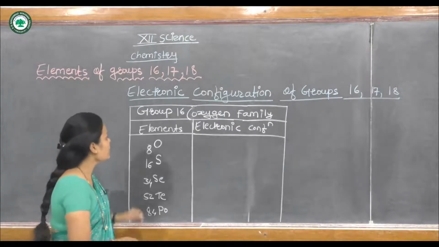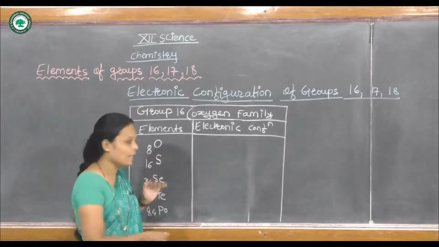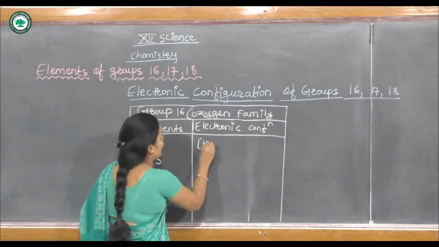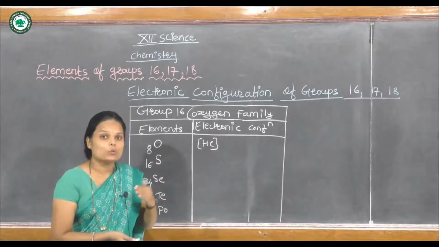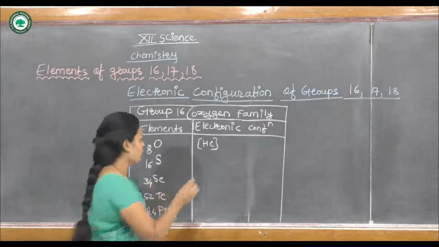Oxygen is represented by helium, He, and its electronic configuration is 2s2 2p4.